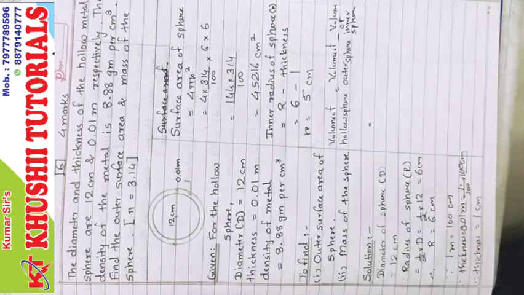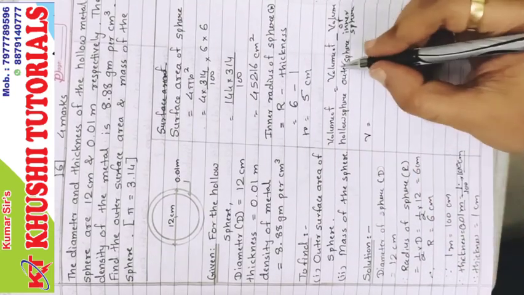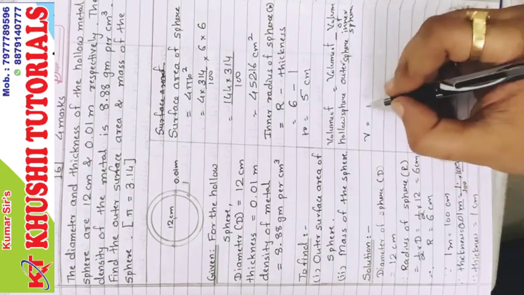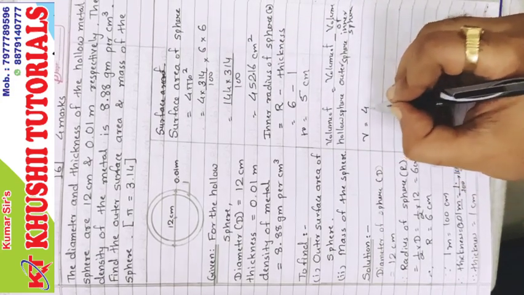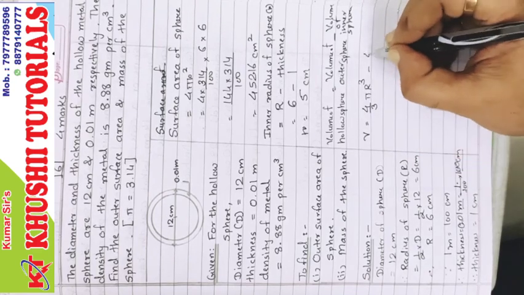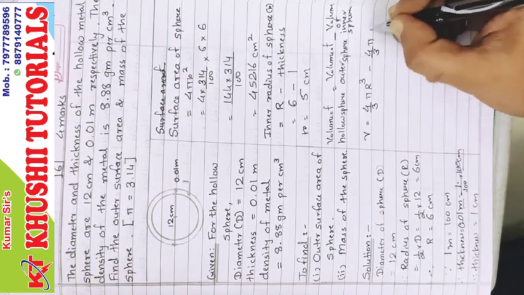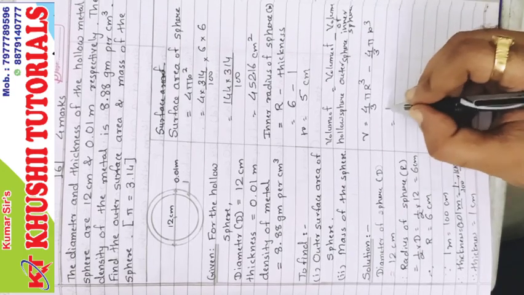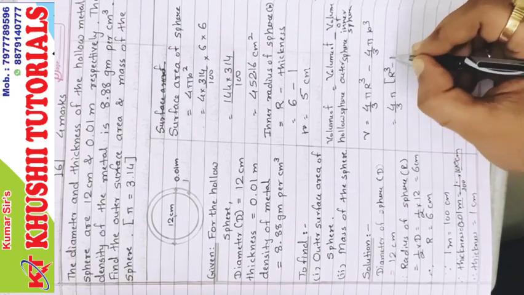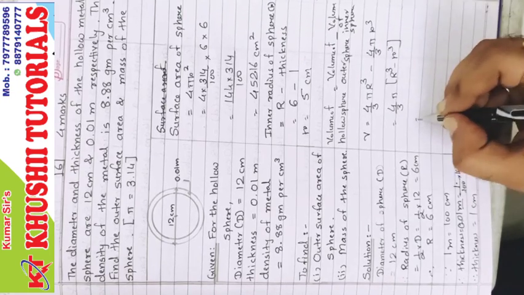Volume of hollow sphere V. Volume of outer sphere formula is 4 upon 3 pi capital R cube. Volume of inner is 4 upon 3 pi small r cube. The common will be 4 upon 3 pi. So capital R cube minus small r cube.